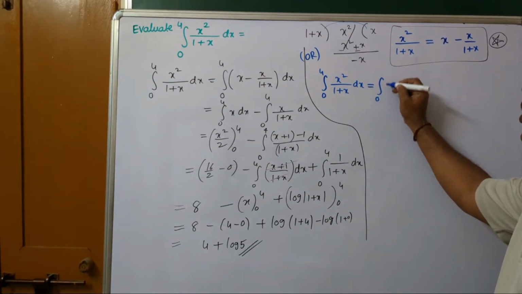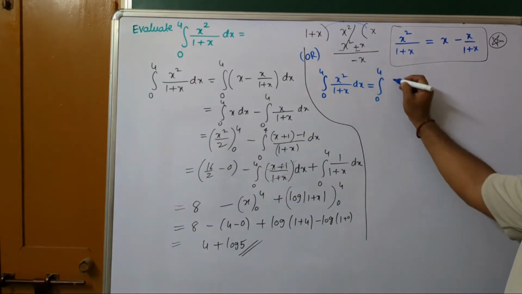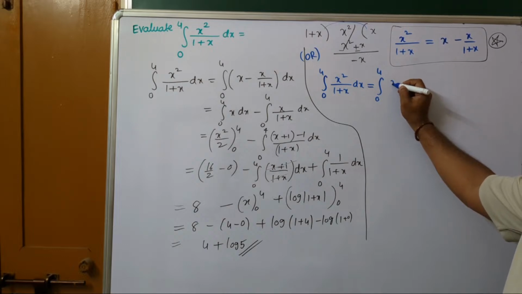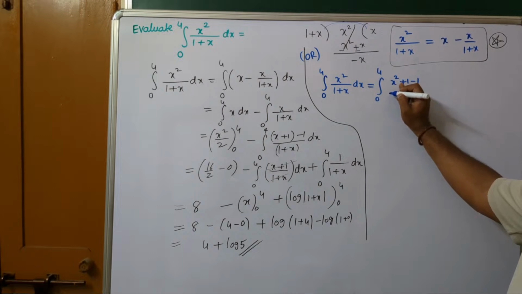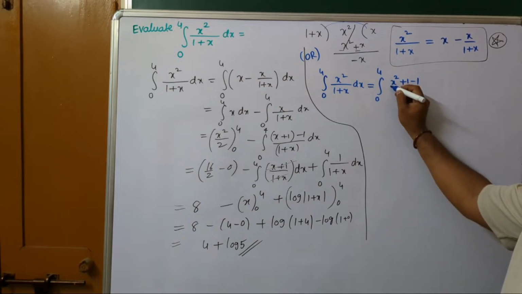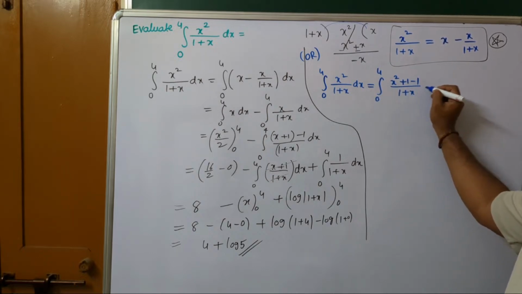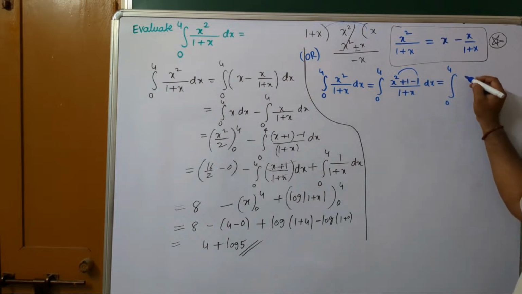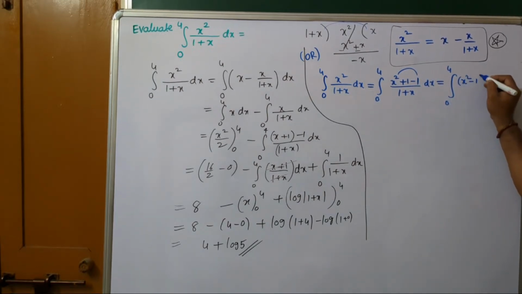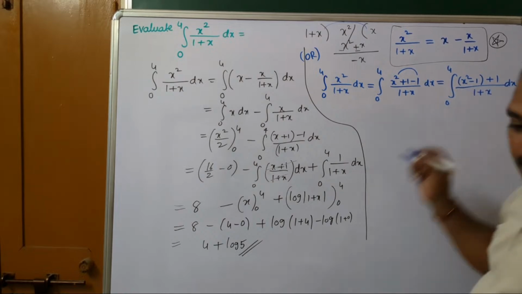Integral 0 to 4 x square by 1 plus x. x square, we are adding and subtracting 1, plus 1 minus 1 by 1 plus x into dx. Again split into terms, 0 to 4, x square minus 1 plus 1 divided by 1 plus x into dx.